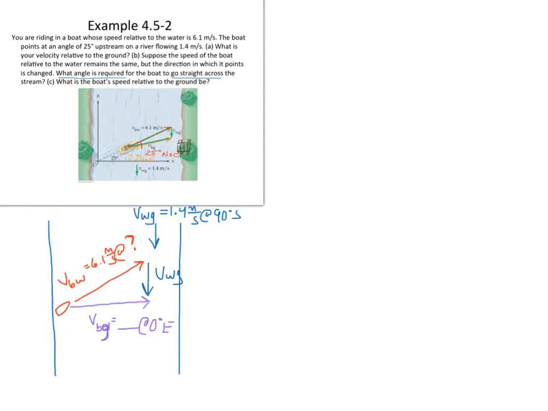The object I think we said was a dock or something like that. The dock is right here. So with respect to the ground, we want the boat to move directly across the river, even though the river is trying to move due south. Okay?